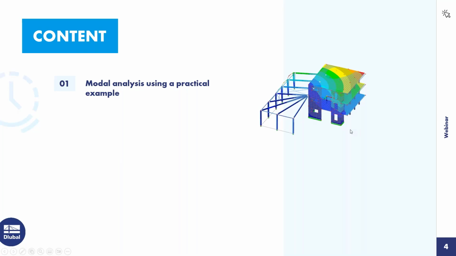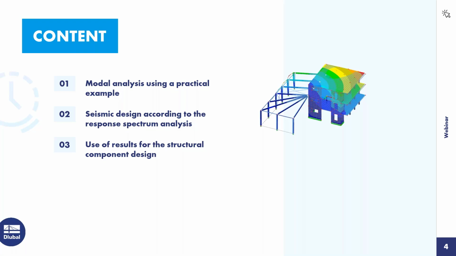To the agenda today, Stefan will start with this example, a building of concrete and steel, and he will do a modal analysis using this example. Then follows the seismic design according to the response spectrum analysis.